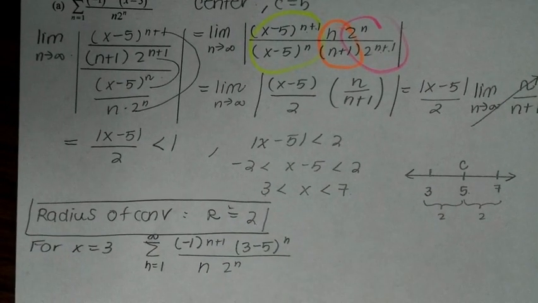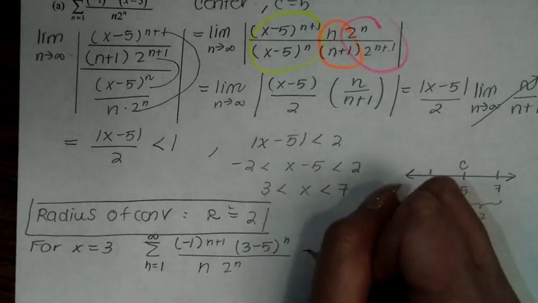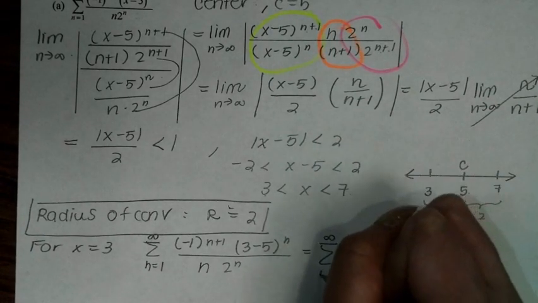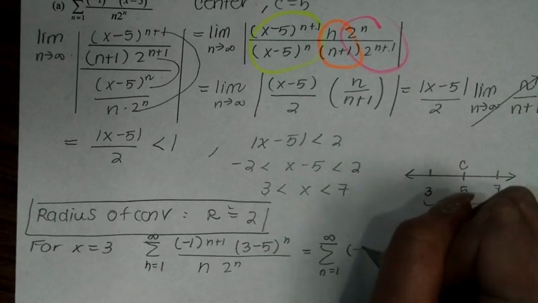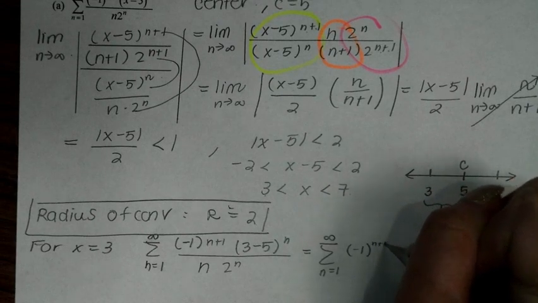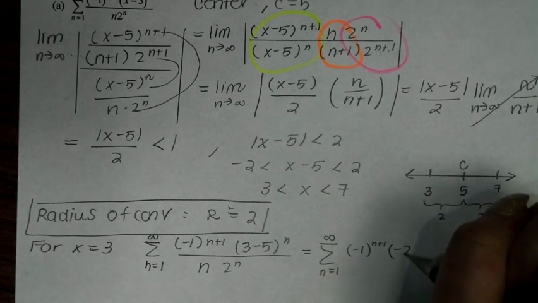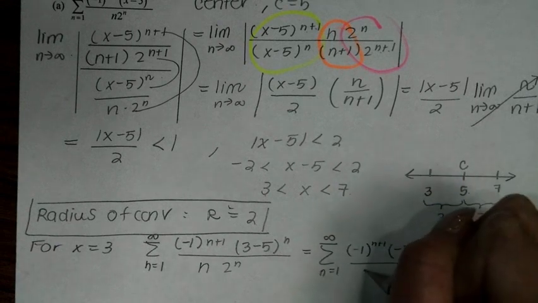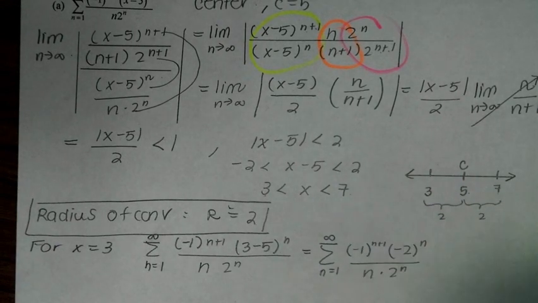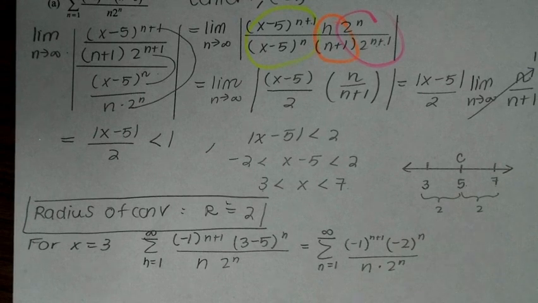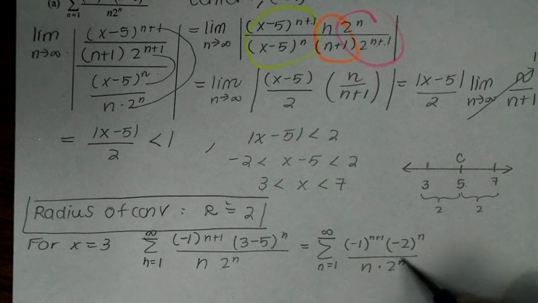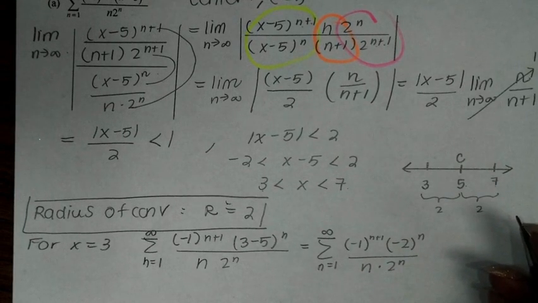Okay, so I plug the 3 instead. So what do you have here? Let's clean it up. You have this, okay, so you have negative 1 to the power of n plus 1 times negative 2 to the power of n divided by n times 2 to the power of n, okay? So now you might want to eliminate this, okay? You can, okay?